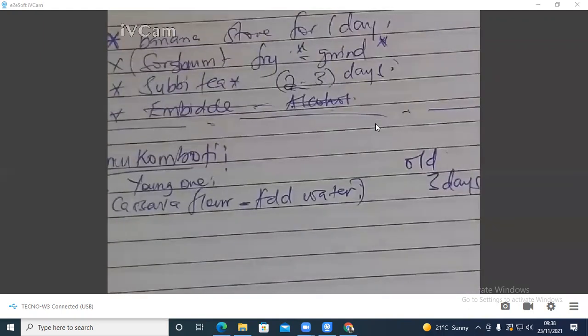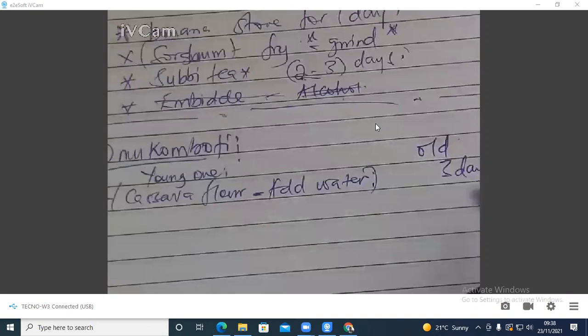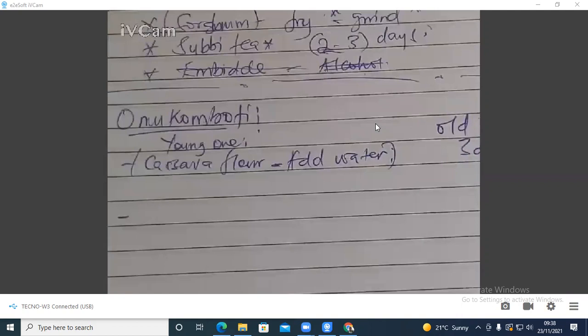After those 3 days, I don't know, there are some other things they mix. For me, they have told me only cassava and you add water.